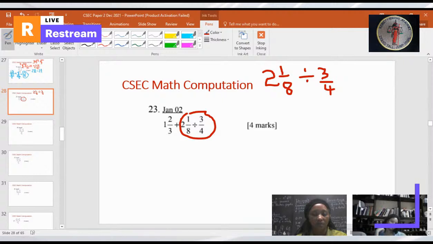Yes, miss. So we're going to change the whole number to an improper fraction. 8 times 2 is 16 plus 1 is 17 over 8.